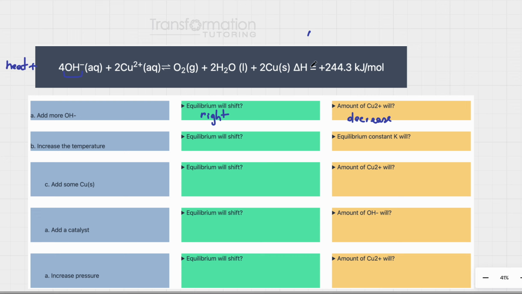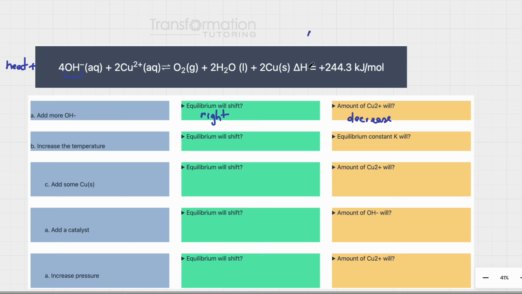If my delta H is negative, that means the reaction is exothermic. It releases heat. And I would add heat to the product side. Positive is endothermic. I add heat to the reactant side. Negative is exothermic. Add heat to the product side. That's the first thing you need to do if you see that you're dealing with temperature.